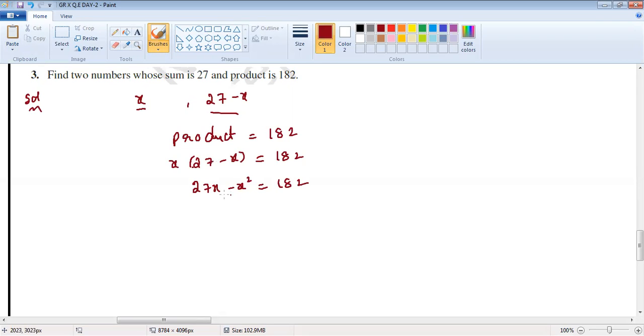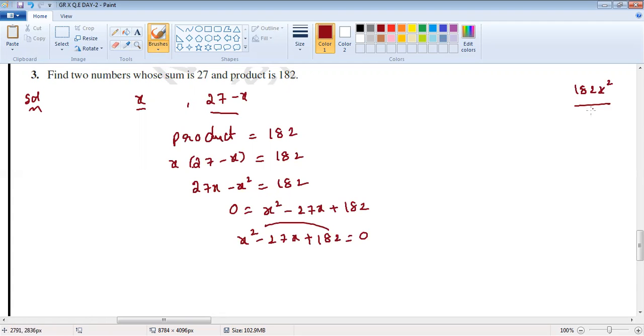Then you carry all the terms to the other side, because this is negative x square. So 0 is equal to x square minus 27x plus 182. So the equation is x square minus 27x plus 182 is equal to 0. So multiply first and last, you will get 182 x square. So take the factorization of 182.